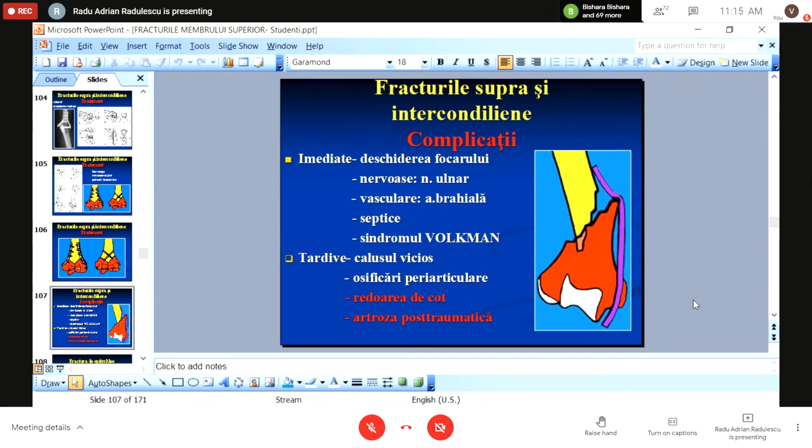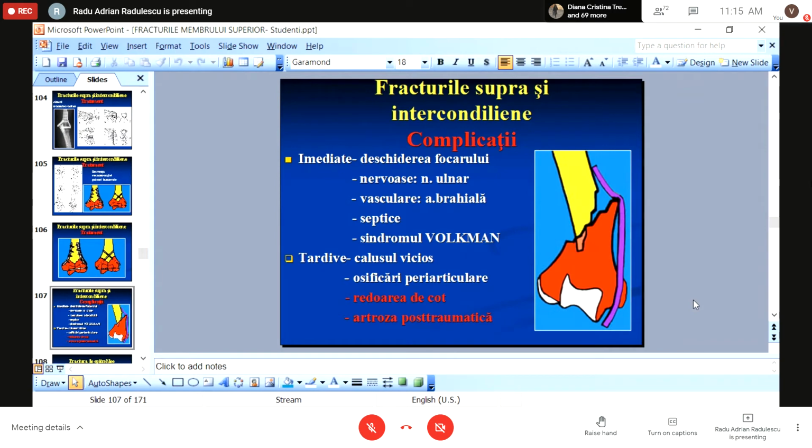And these small bleedings around the joint will initiate some ossification points, which will develop, will grow, and finally will impinge over the joint and will diminish substantially the range of motion at the level of the elbow.